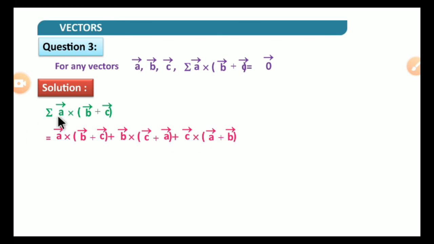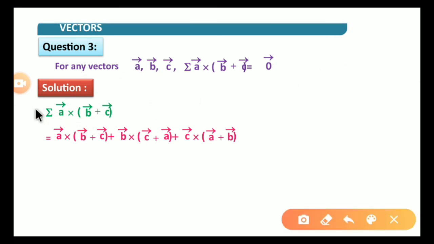So students, consider the cyclic order, meaning first A, second B and third C, which is in the cyclic order here. So after the cyclic order we will get this summation form.